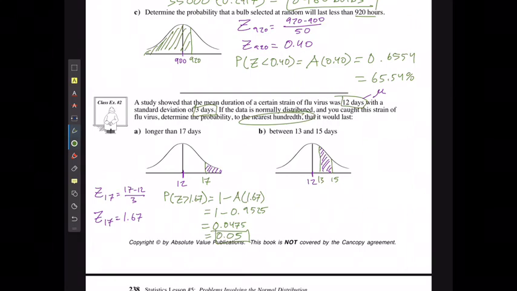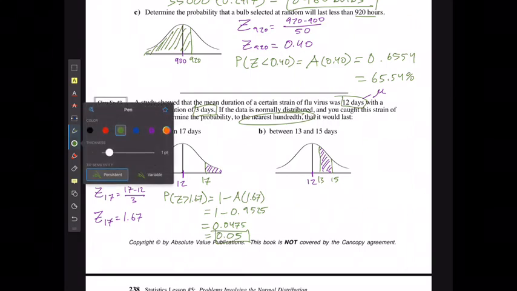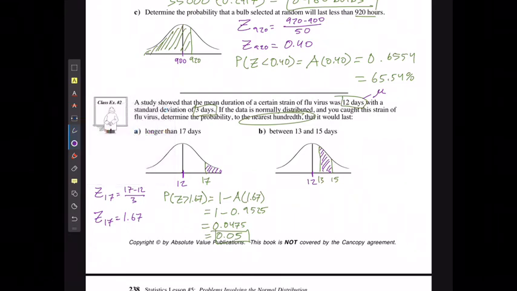For the second one, I'm going to start by solving those z-scores again. The z-score at 13 is going to equal 13 minus 12 divided by 3, which would approximate to 0.33 when I round to the nearest hundredth.